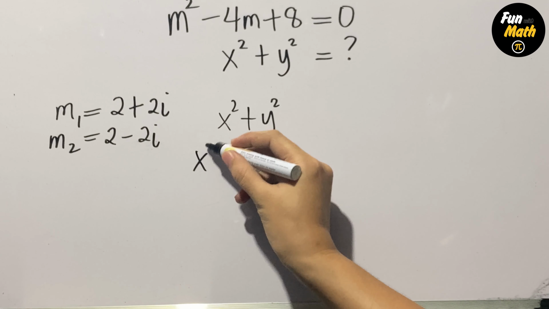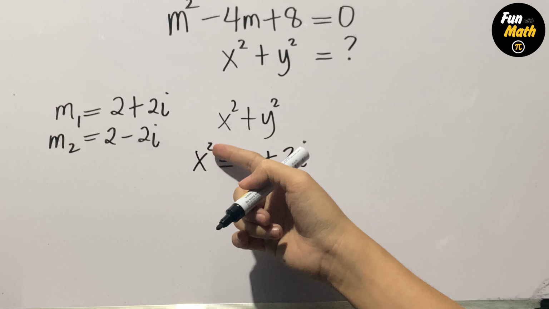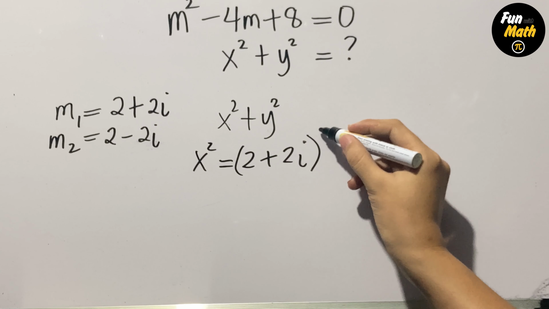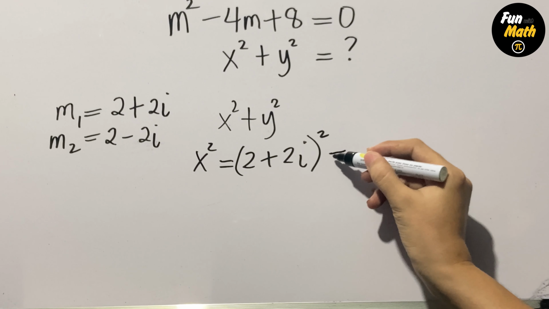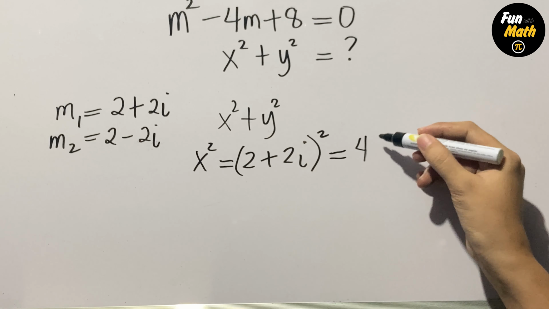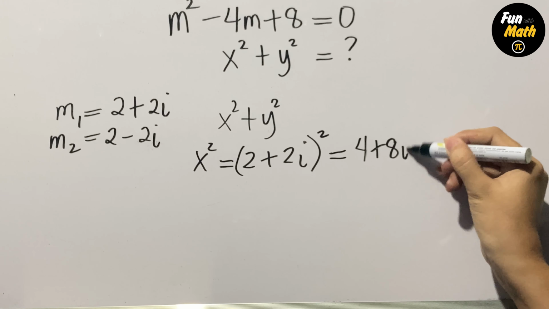So that is x squared equals 2 plus 2i. And then since this is squared, we are going to insert a squared also. Then equals 2 squared, that is 4, and then 2 times 2 times 2i, that is plus 8i.